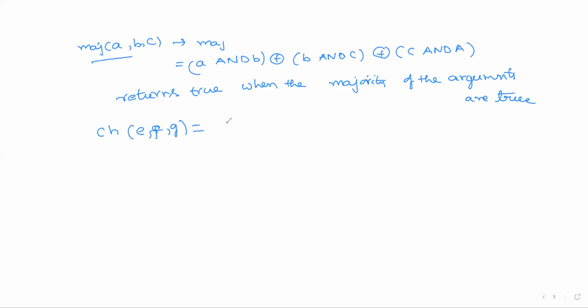This is defined as E and F XOR with not E and G. Okay, not E and G. This is actually the conditional function. Okay, so these are actually bitwise operators we are using.